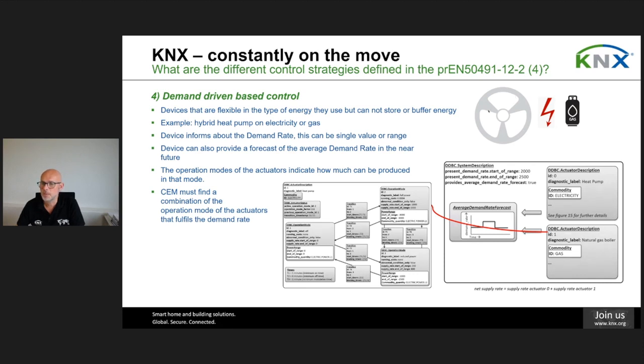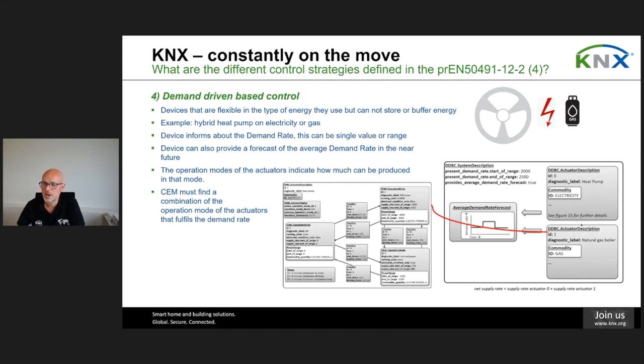For working on electricity or gas, the device is linked to a specific actuator. And these actuators will then supply their different actuator descriptions.